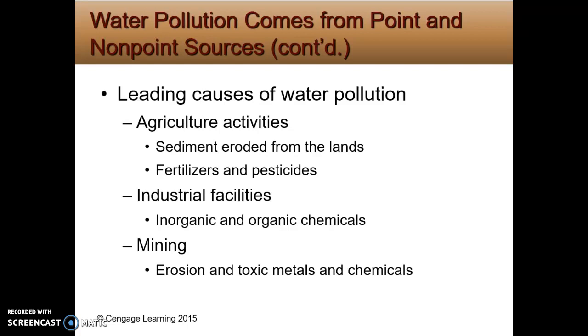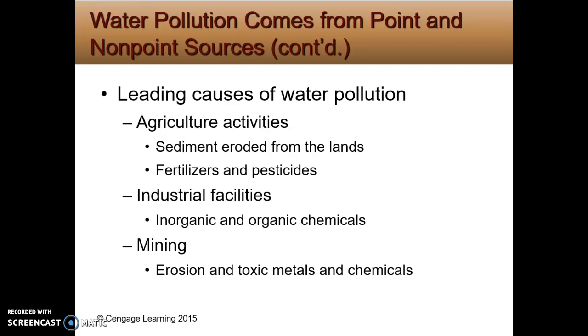And then pesticides. Pesticides both running off the fields, but also when they're applied indiscriminately, sometimes it just lands in our open waters. You also have industrial facilities, whether it's inorganic or organic chemicals. This goes all the way back to the opening of school when we talked about Minamata Bay and the Chisso factory dumping mercury into Minamata Bay.